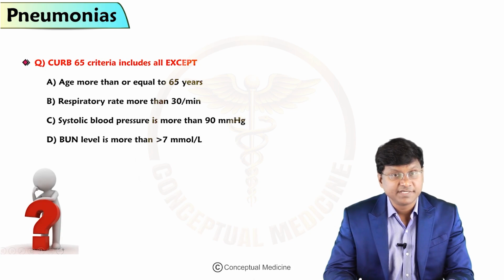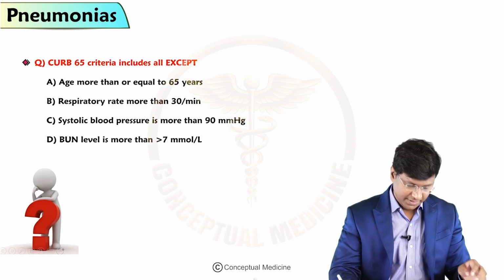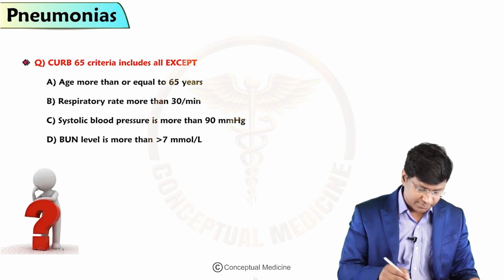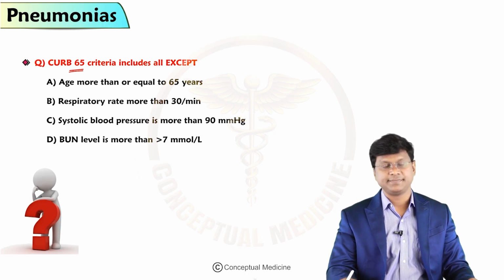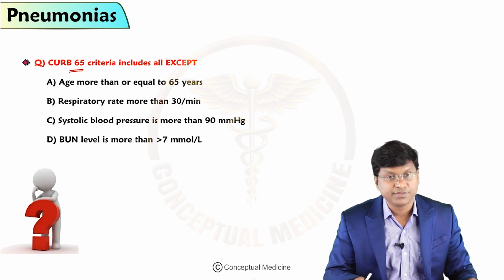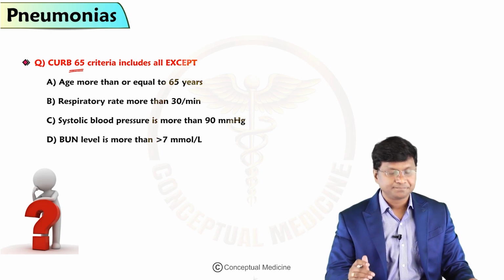Now, let me discuss how you will assess the severity of pneumonia. We have a scoring system called CURB-65. CURB-65 criteria include all except: age more than or equal to 65 years, respiratory rate more than 30 per minute, systolic blood pressure more than 90, blood urea nitrogen more than 7 millimoles per liter.